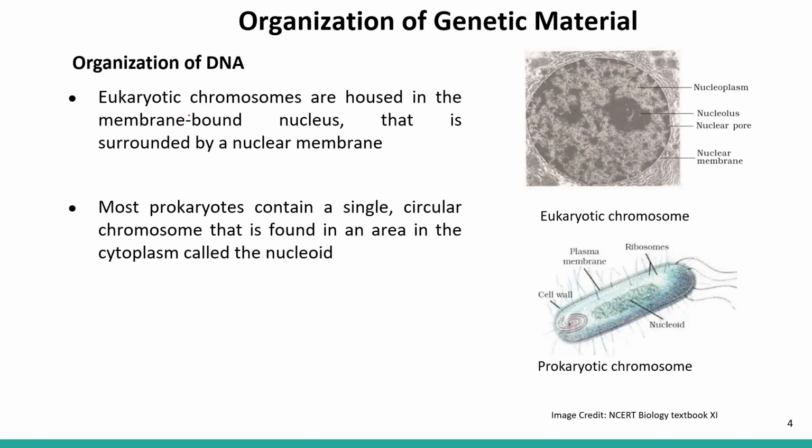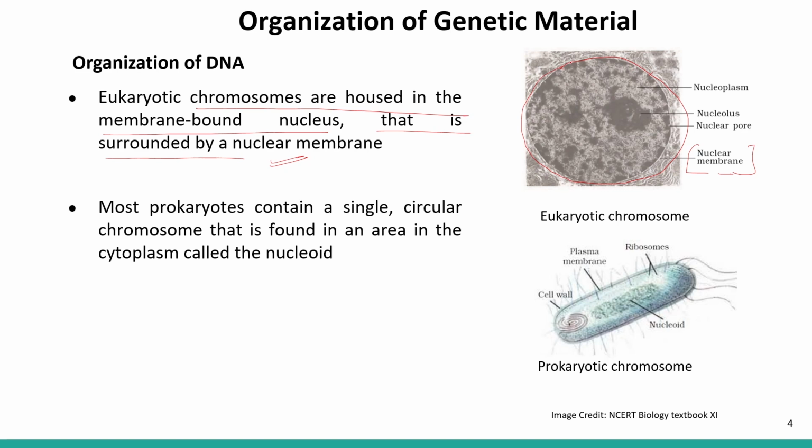Eukaryotic chromosomes are housed in the membrane-bound nucleus, which is surrounded by the nuclear membrane. Eukaryotic cells are quite organized. All the nuclear material is present inside the nucleus, a membrane-bound organelle, and the membrane is called the nuclear membrane.